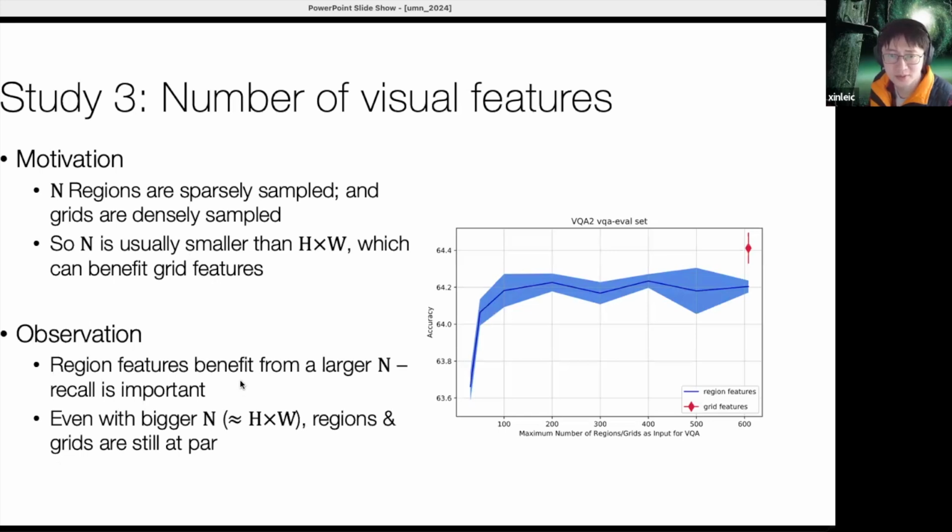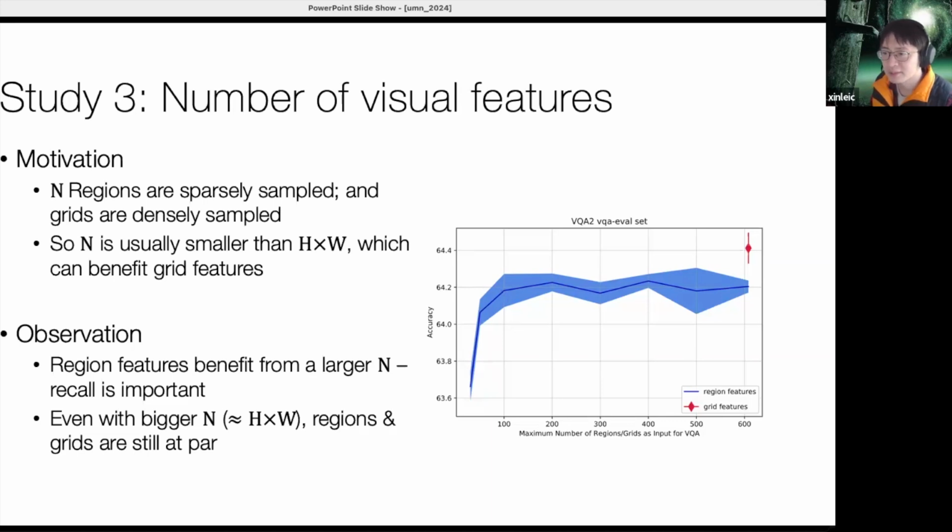So to make our study rigorous, we further increased the number of region features, so getting a larger and larger n. And what we find is that initially it indeed helps. So going from, for example, 30 regions to 100 regions, there's some notable improvement in VQA accuracy.